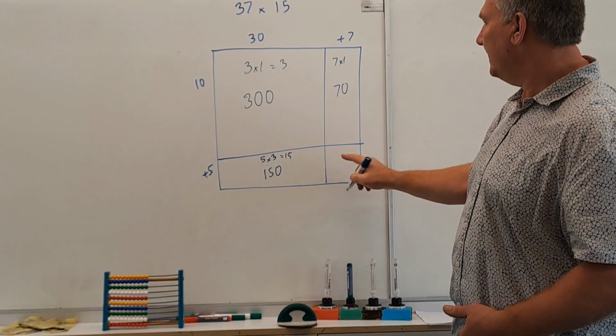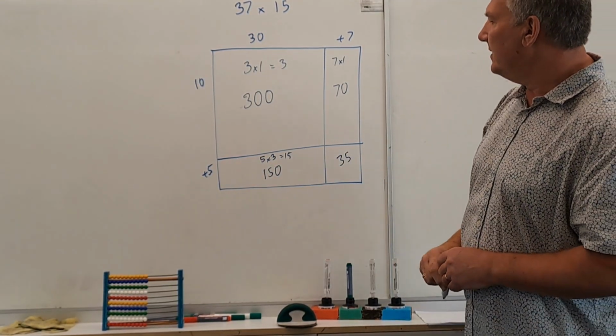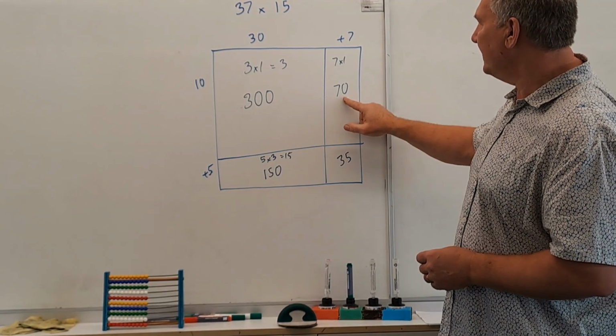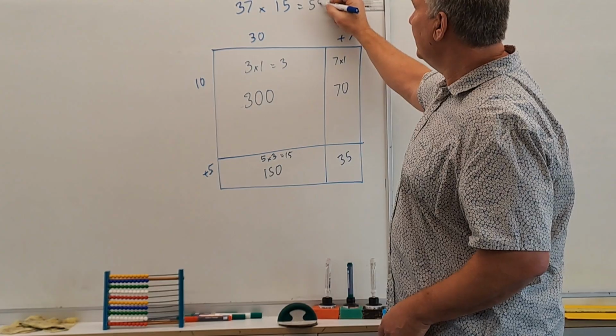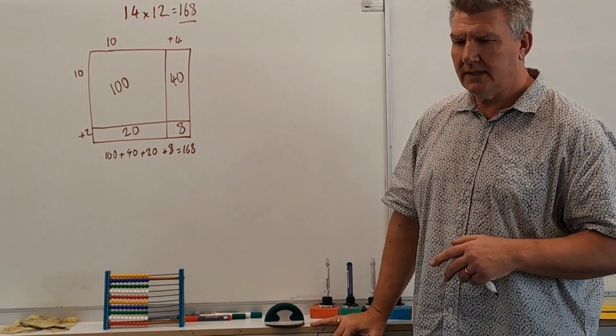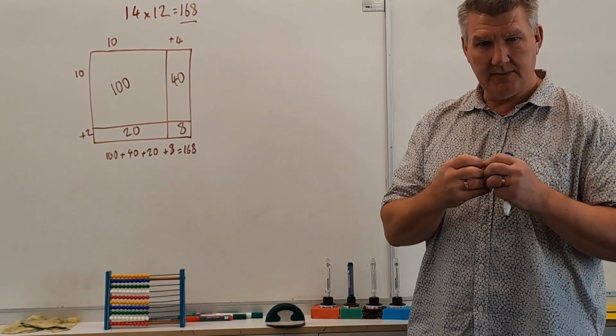And then here, 7 5s are 35. So now we have 300, 450, 520, 555.